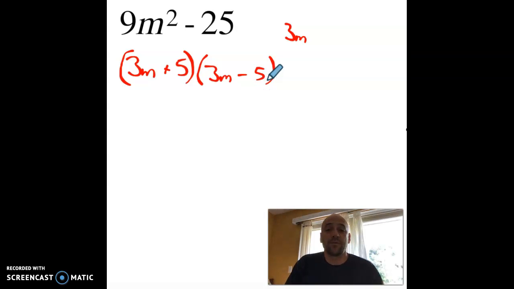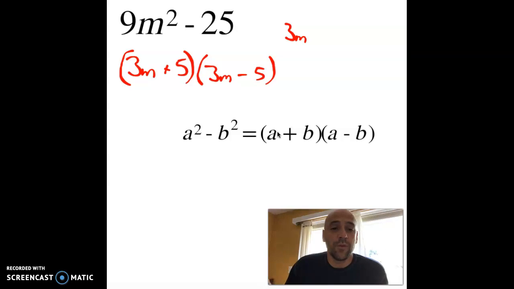And that's the difference of squares pattern. Okay, here it is in general terms. This is how you usually see it. A squared minus b squared. There's our difference, the subtraction of perfect squares. Difference of squares is always going to factor in this way.